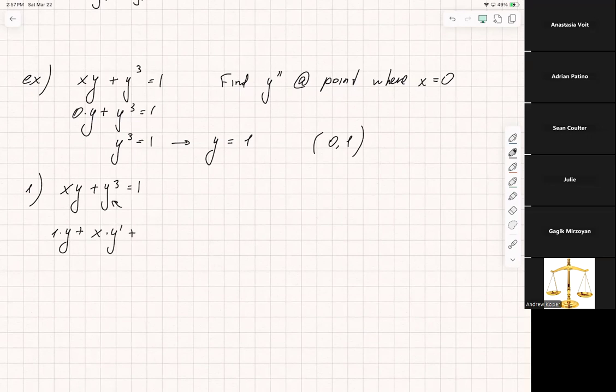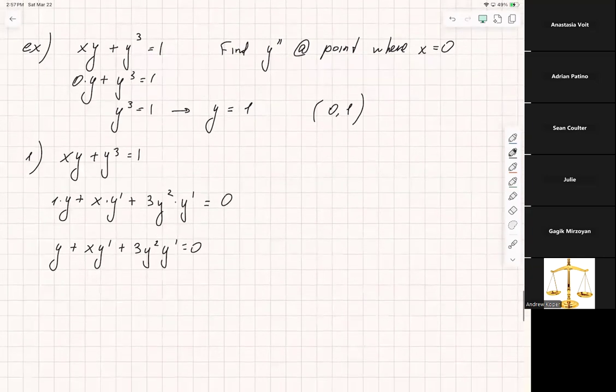Plus y cubed, that's the power rule with the chain rule, so we would have 3y squared times y prime equals, this is the constant, so we would have 0 here. Okay, now let me write it nicer: y plus xy prime plus 3y squared y prime equals 0.